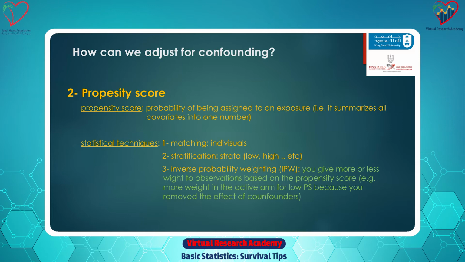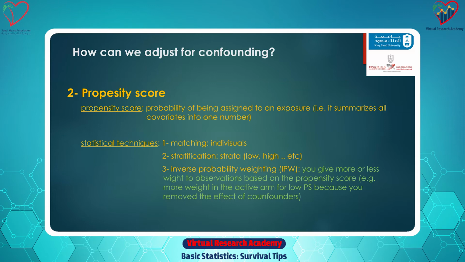What you do is you give more or less weight to observations based on the propensity score. So in the digoxin example, let's say you have two individuals, both have high propensity score. So both, the probability of being on digoxin is high. Both these individuals die, and you're looking at death as the outcome. So the observation is death. Now, which one is more informative to us?